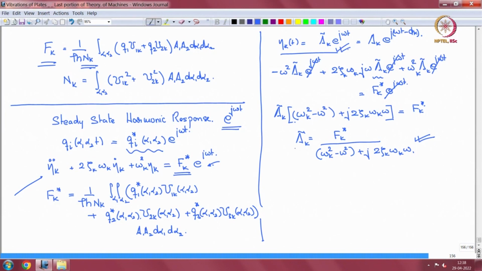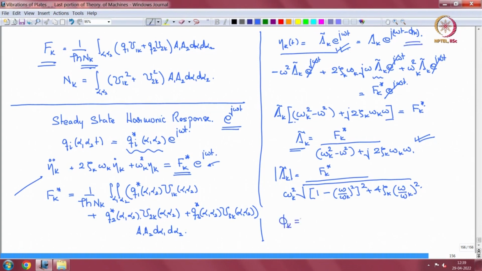However, we can find the amplitude of this, which is the amplitude of gamma k is f k star by square root of omega k square times (1 minus omega by omega k whole squared) plus 4 zeta k squared (omega by omega k) whole square, and the phi k here is tan inverse of twice zeta k omega by omega k by 1 minus omega by omega k whole square.